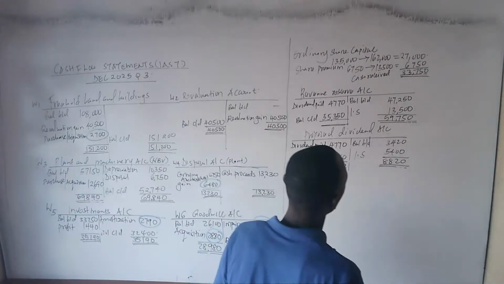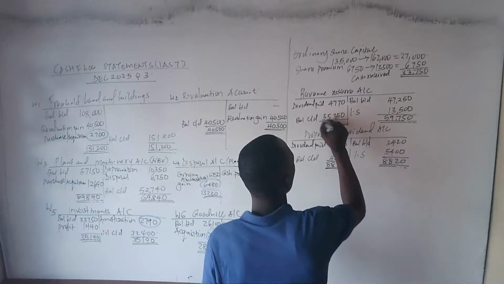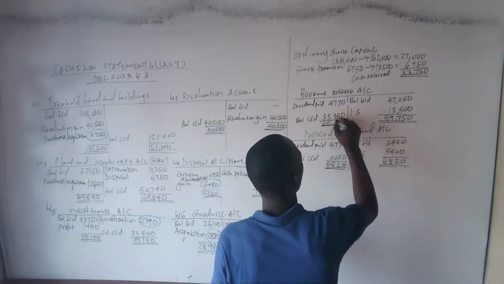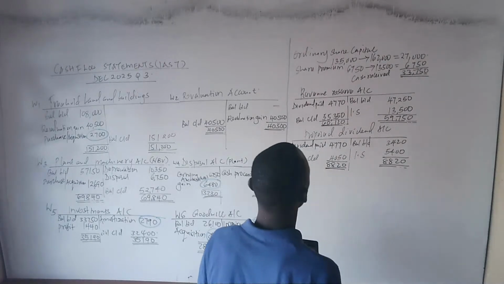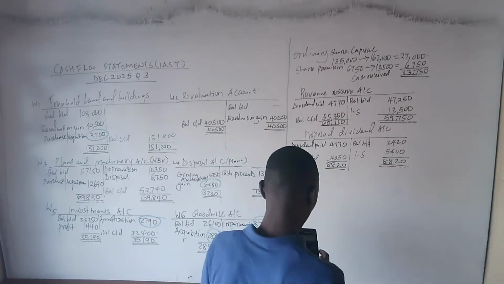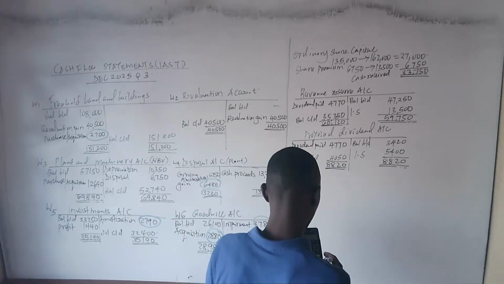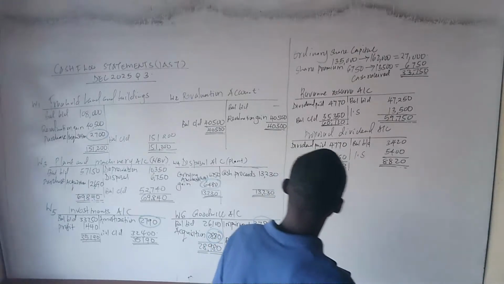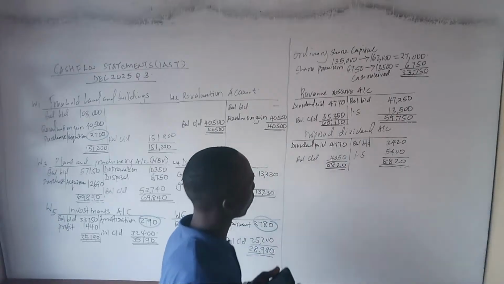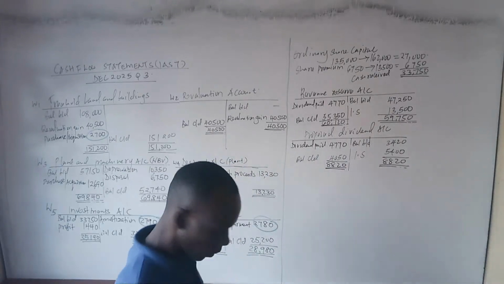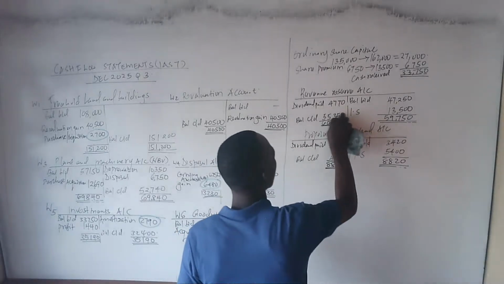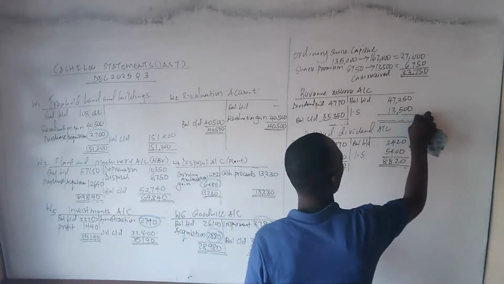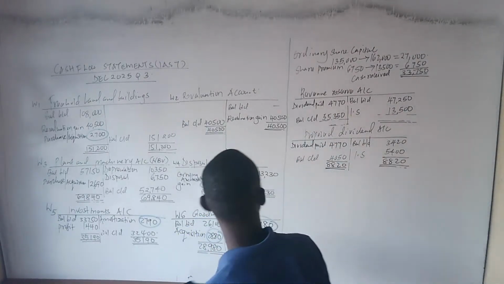So we have an amount of 6120, meaning that there is something that we have forgotten. So 59,750 minus the answer, we have a difference of 370. We need to get more information about that 370.